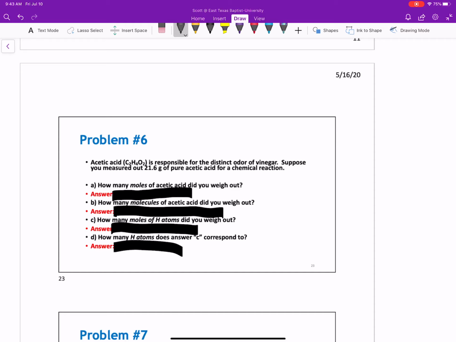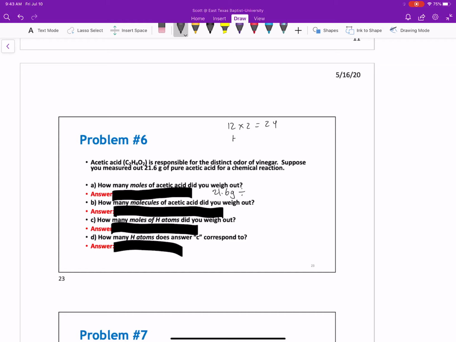Now keep in mind, I'm not going to give you that for the test, so commit that diagram to memory, okay? So we have 21.6 grams, and it tells me I need to divide by the molar mass. The molar mass of acetic acid actually has to be calculated, and I'm going to do a very rough and quick calculation. Carbon weighs 12, and there's 2 of those, so that equals 24.